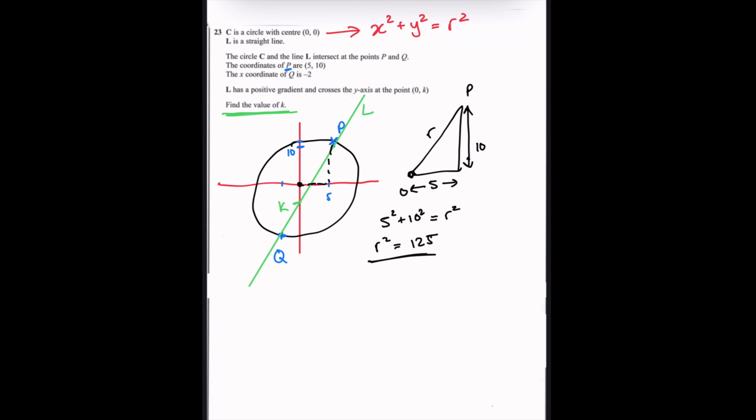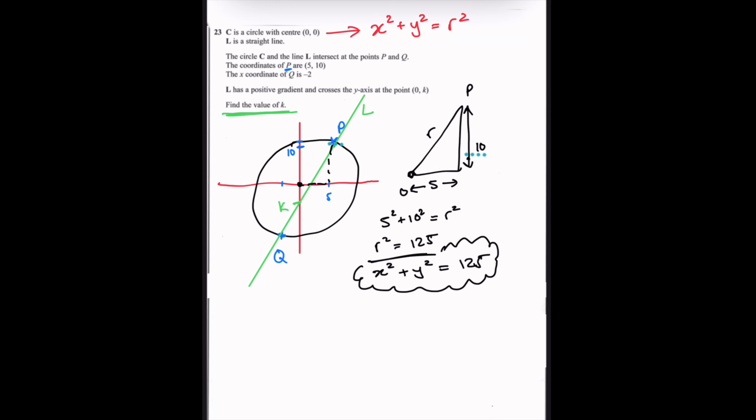Okay. So the equation of the circle is x squared plus y squared equals r squared. So I have x squared plus y squared equals 125 as well. No problem with that. Okay. I need to find the coordinates of point Q. Point P, I have the coordinates for, no problem.